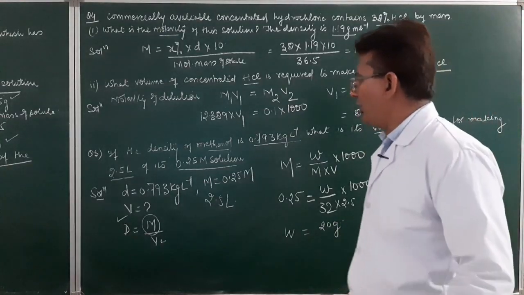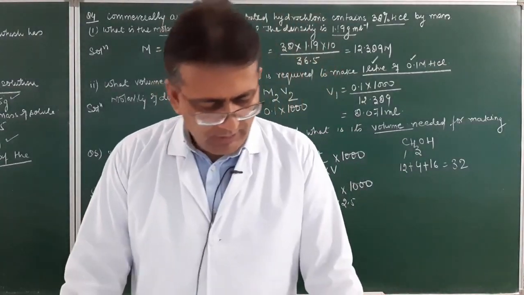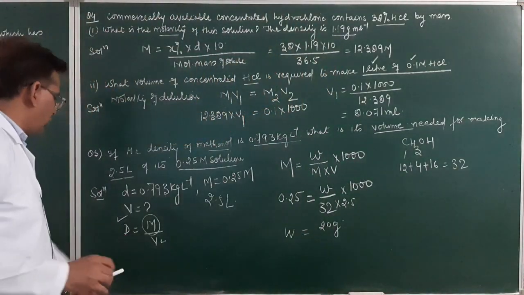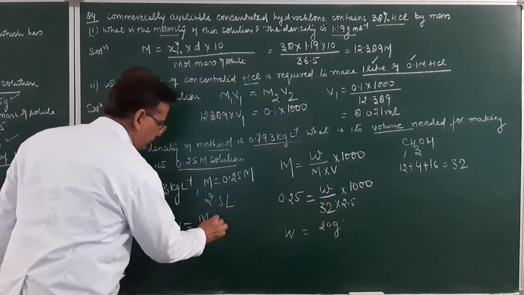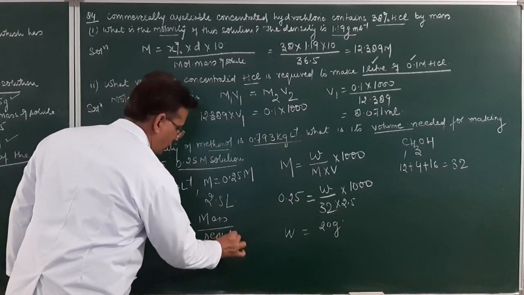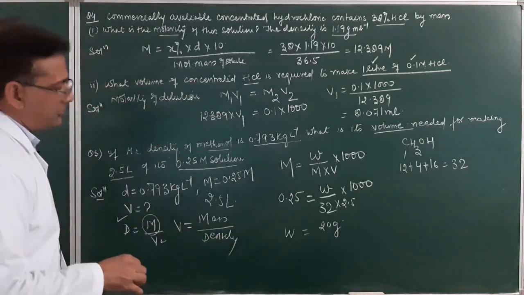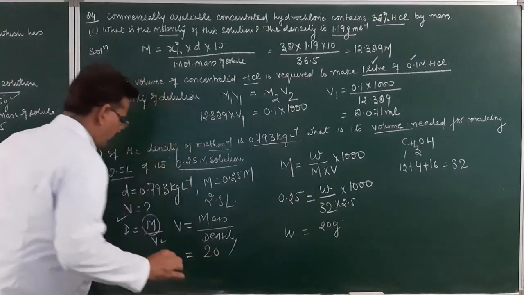Now what do we have to find? We have to find the volume of the solution. Volume will be equal to mass upon density. What mass do we obtain? It will be 20. What is the density?